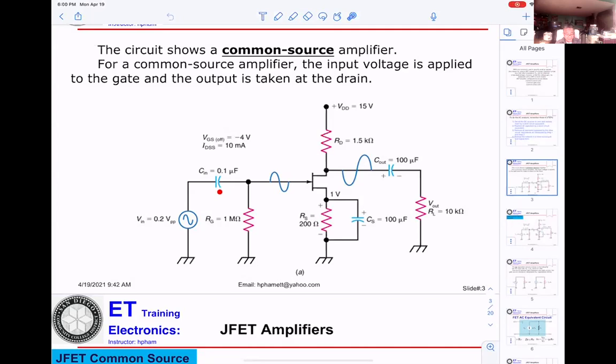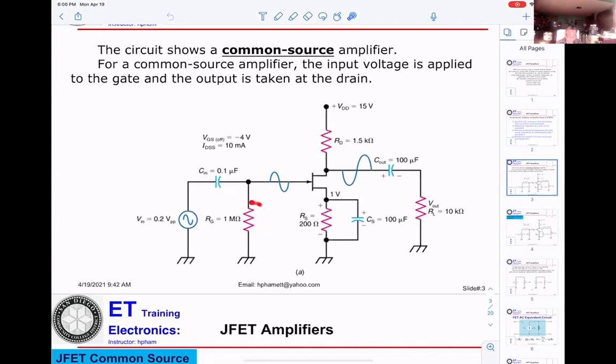That means they allow the sideway to pass to the gate, but not any DC. And now also we can explain why we need this resistor here. For the fixed bias, you can connect this one to the negative voltage.